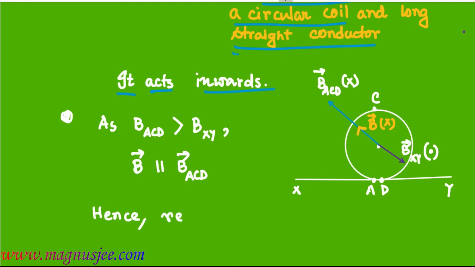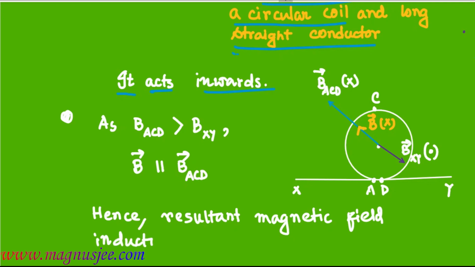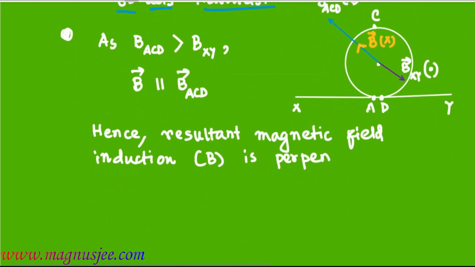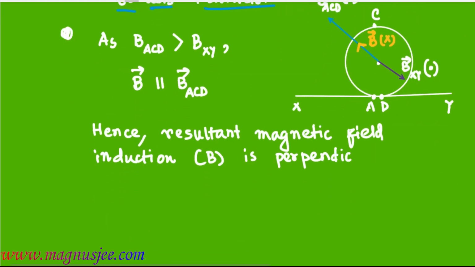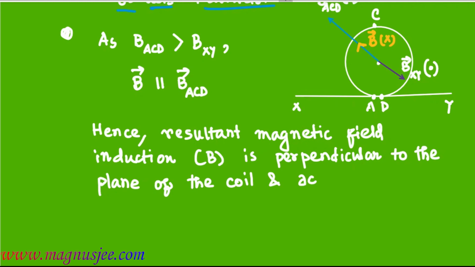Hence resultant magnetic field induction B is perpendicular to the plane of the coil and acts inwards.